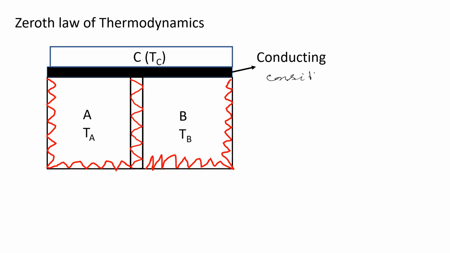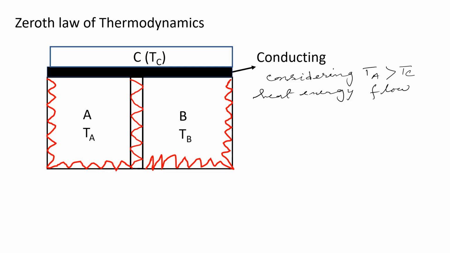Now under this condition, what will happen? Suppose I consider that the temperature of A, that is TA, is greater than TC, then heat will flow from A to C. Heat will flow from A to C till the temperature of A and C become the same.